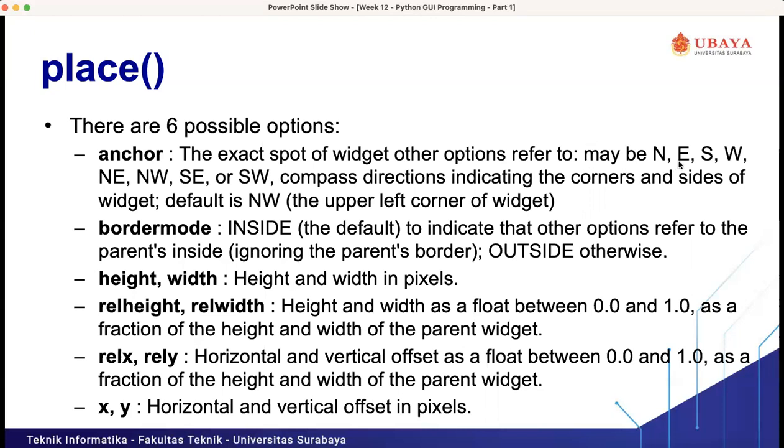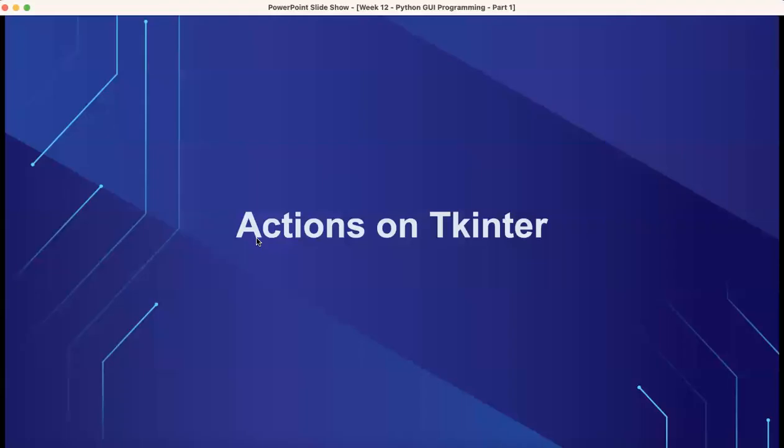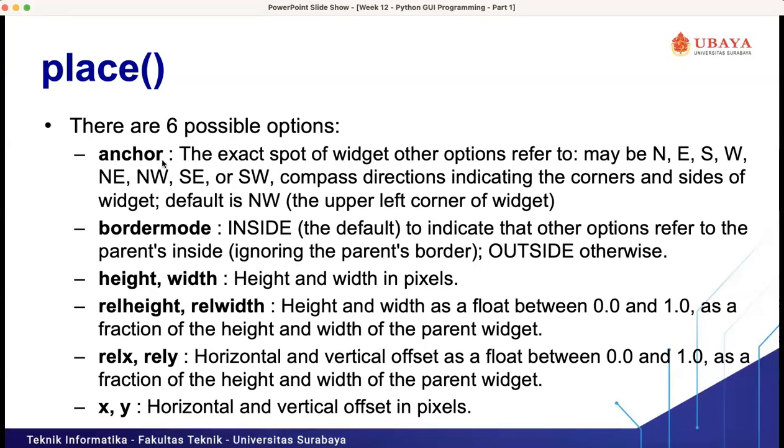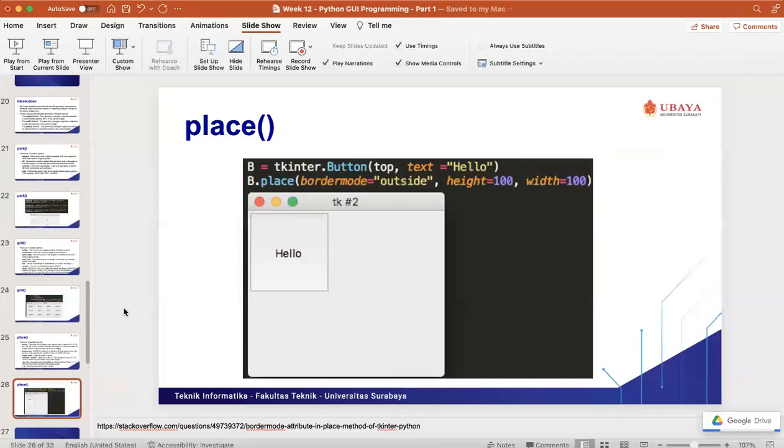So the position will follow the NE, NW, SE, and SW. For this one, we didn't call the anchor option, but actually we can just try it directly in the IDE here.